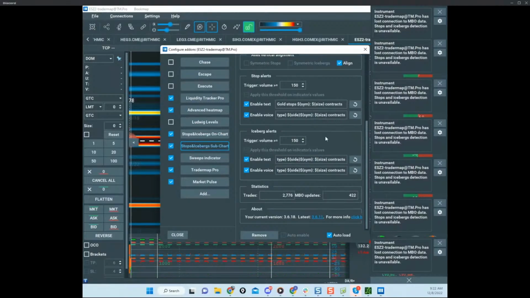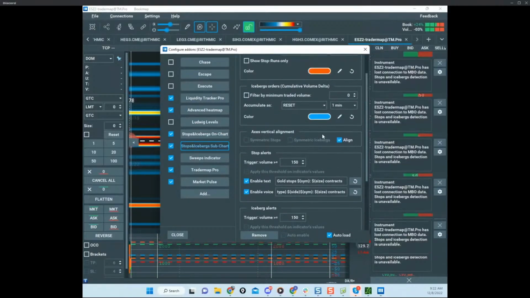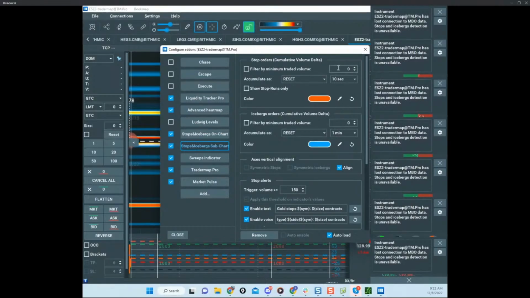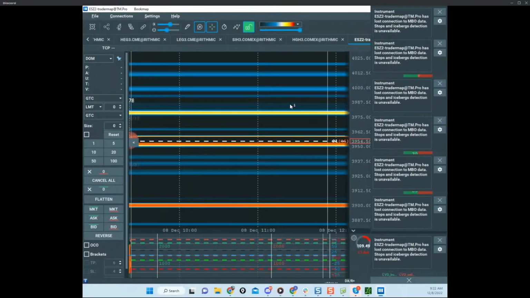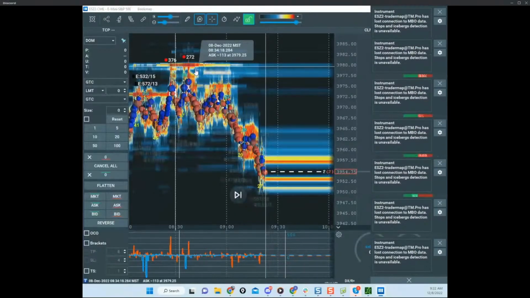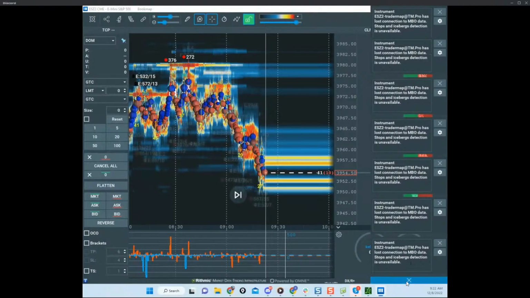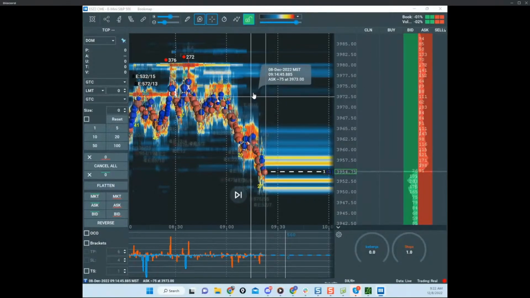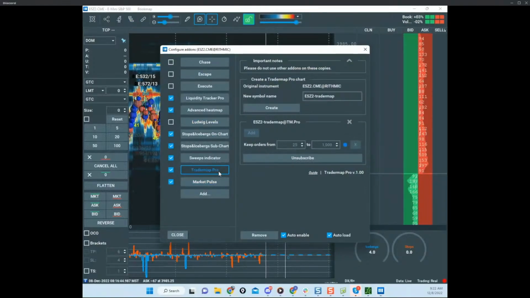The best thing to do would be, just for this demo, go back to your original instrument ES, and then click up there on studies configuration, and then deselect stops and icebergs on chart. Just on chart.